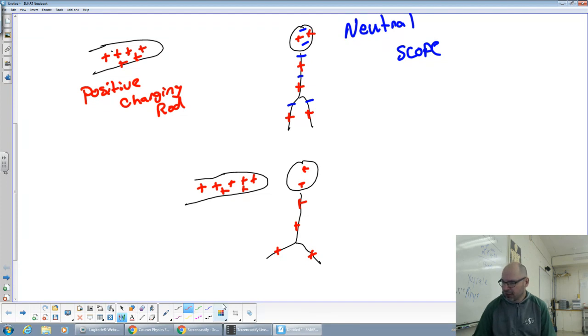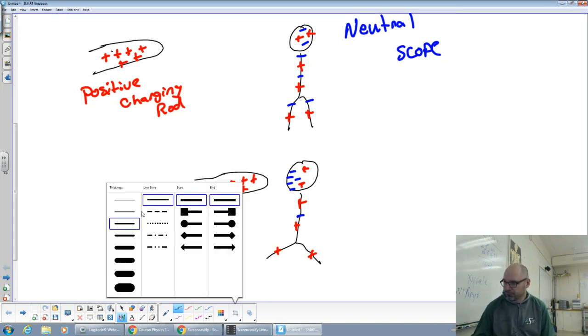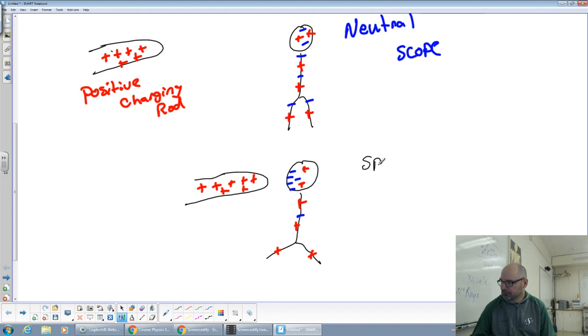What happens then is the negatives get sucked up towards the charging positive rod because negatives move and they're going to be attracted to this rod. So we're going to see a concentration of negative charge right there. They're getting pulled up towards there. So what we see there is split charge. In this case, the negatives are getting attracted to the charging rod.